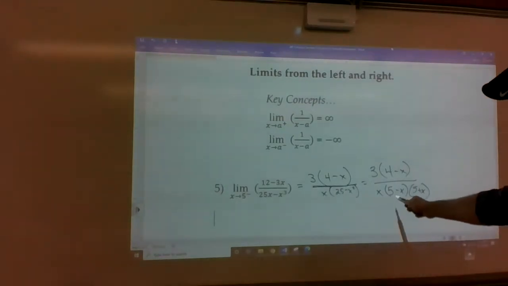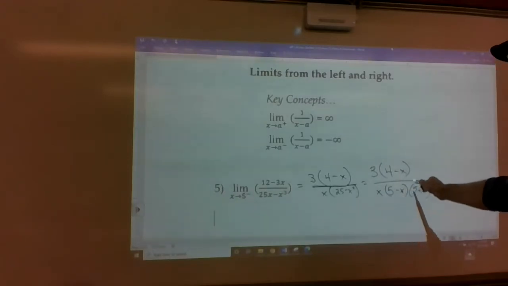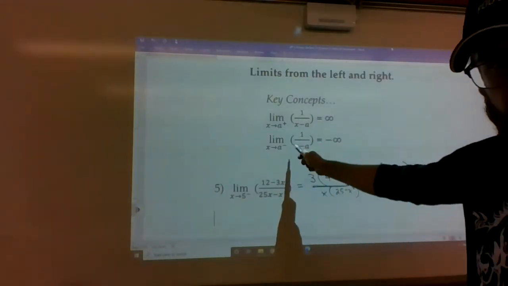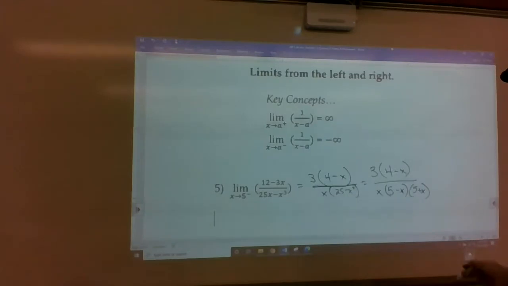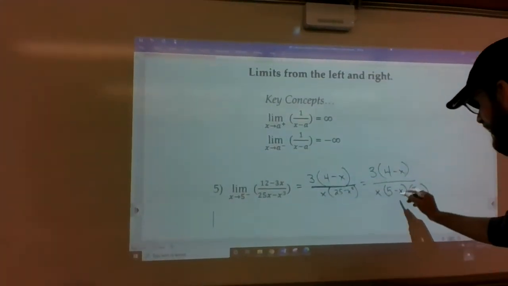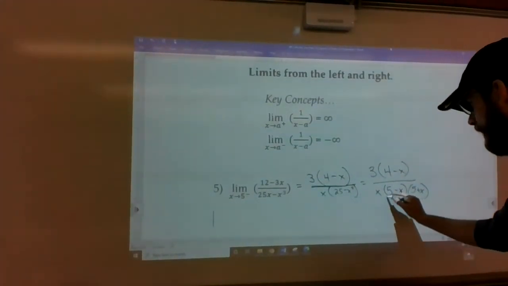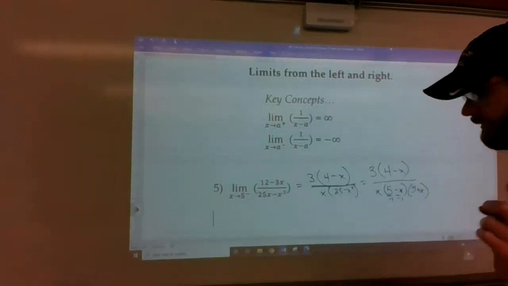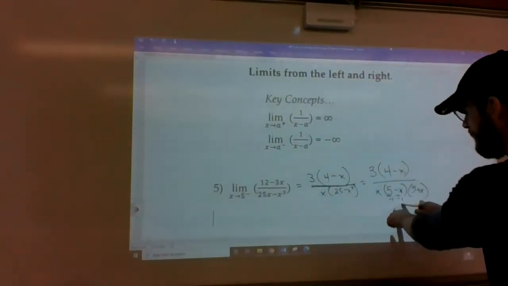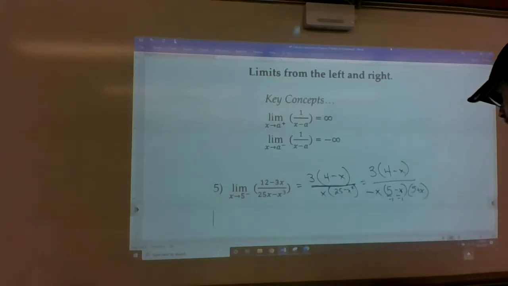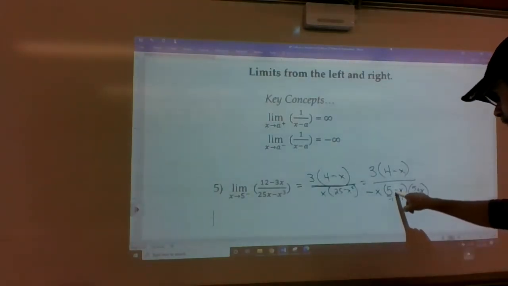And really, this is the one that's got the domain issue, but it's not written in the format that points us in the right direction. So what we want to do is take a negative out here through factoring. If I factor this negative 1 out, it leaves me with a positive x minus 5.